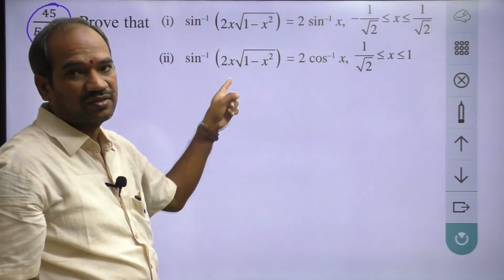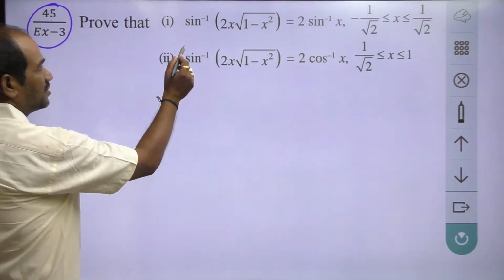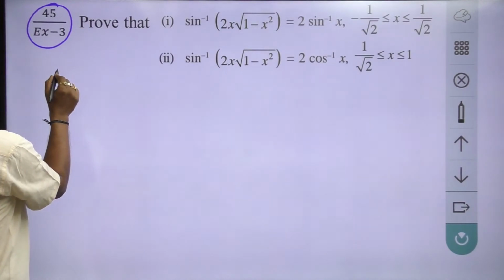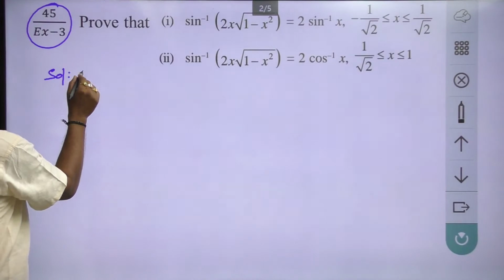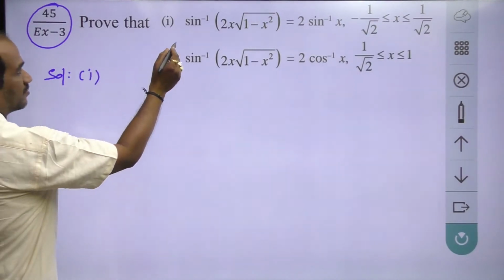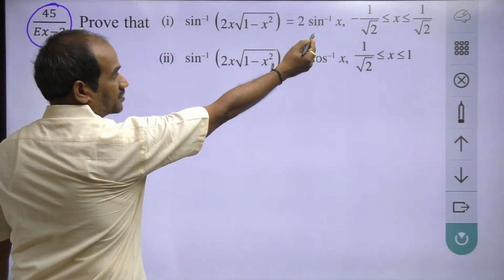See here, first question solution. In this side, sin inverse of x, prove that.